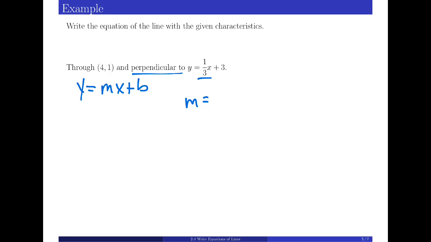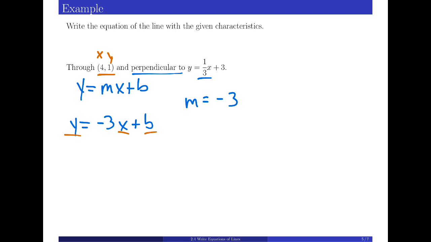So if it's a positive 1/3, the opposite reciprocal is going to be a negative 3/1. So that's just a negative 3. So now, again, we're in the same boat where we were before, where we know y equals negative 3x plus b. And we have an x and a y that we can plug in to help us find b.